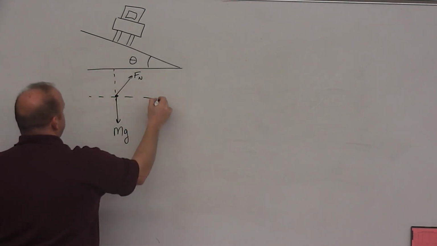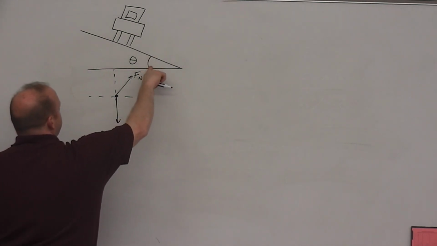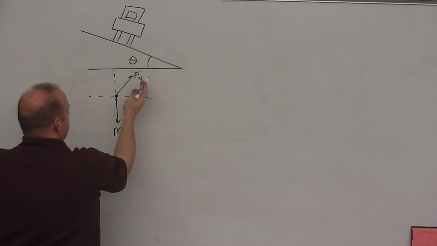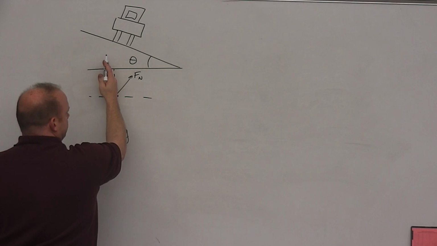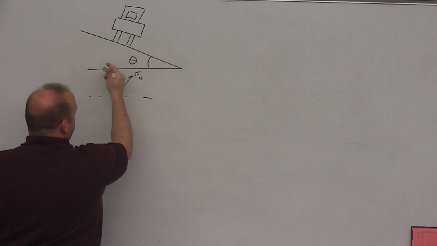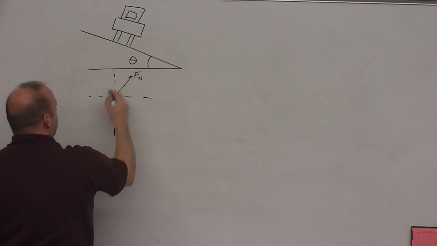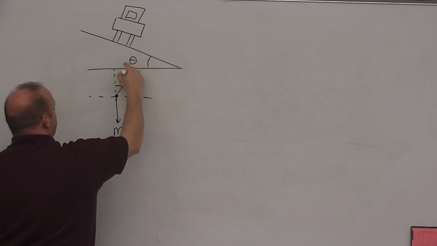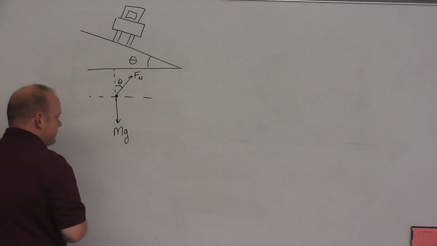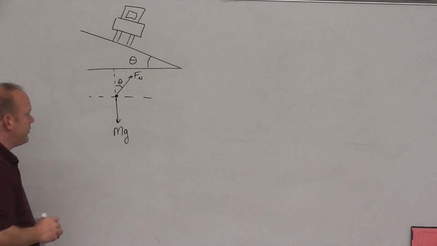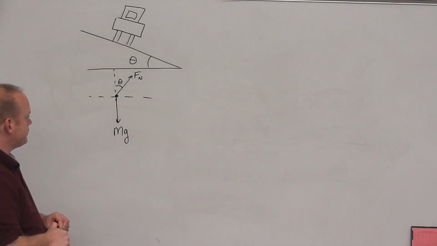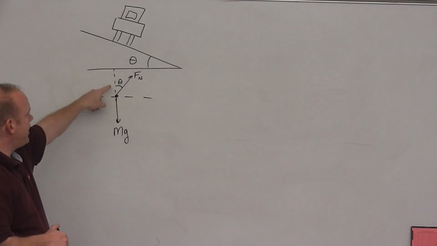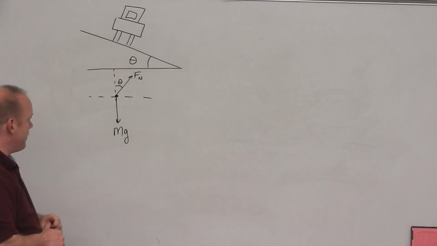Now if you think about it, if this angle were 0, the normal force would be straight up. As this rises up, the normal force goes to the side more. This angle and this angle are the same. So the normal force is tilted to the side, the same angle that the curve is banked.